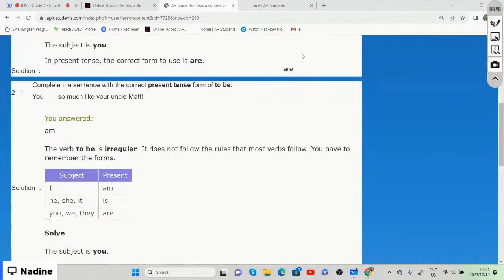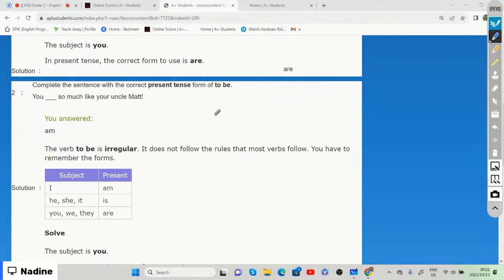We're moving on to the next one. We need to complete the sentence with the correct present tense form of to be. You, which is our subject, right? Now we need to choose our correct present tense form of to be.